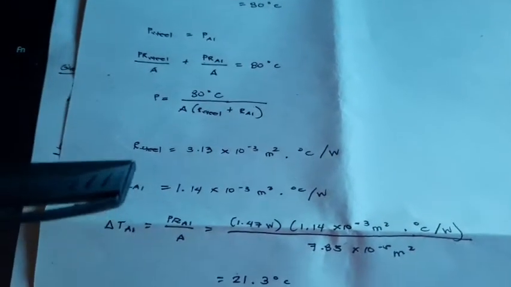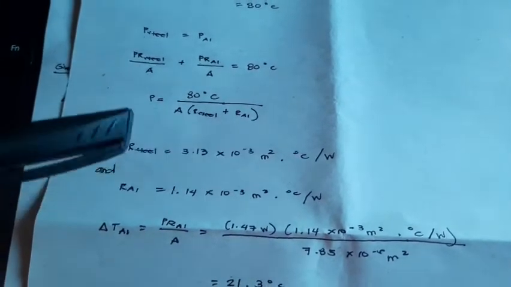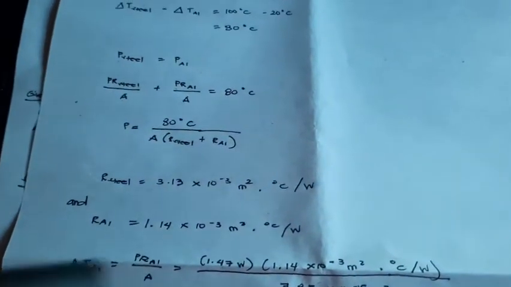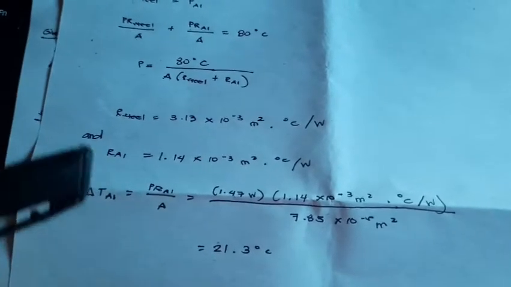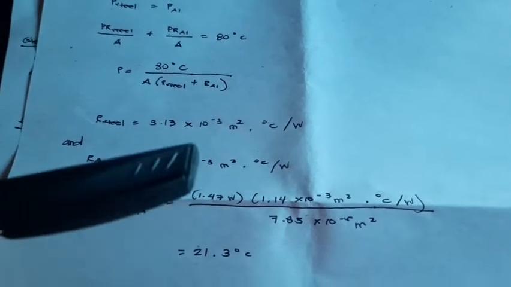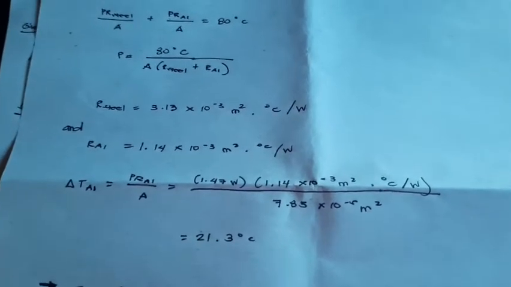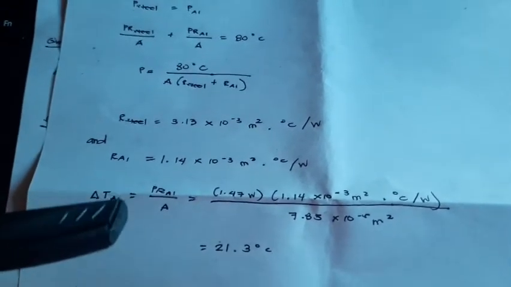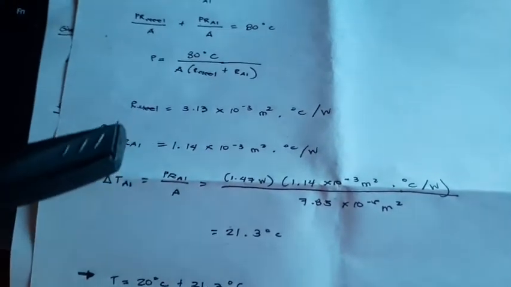R of steel is equal to 3.13 times 10 raised to the negative third power meter squared times degrees Celsius per watt, and the resistance of aluminum is equal to 1.14 times 10 raised to the negative third power meter squared times degrees Celsius per watt. So we must substitute these values to find P. So P is equal to 1.47 watts.